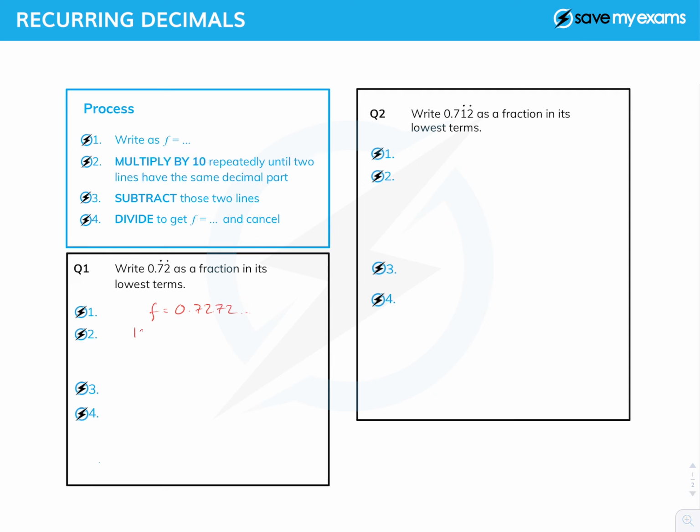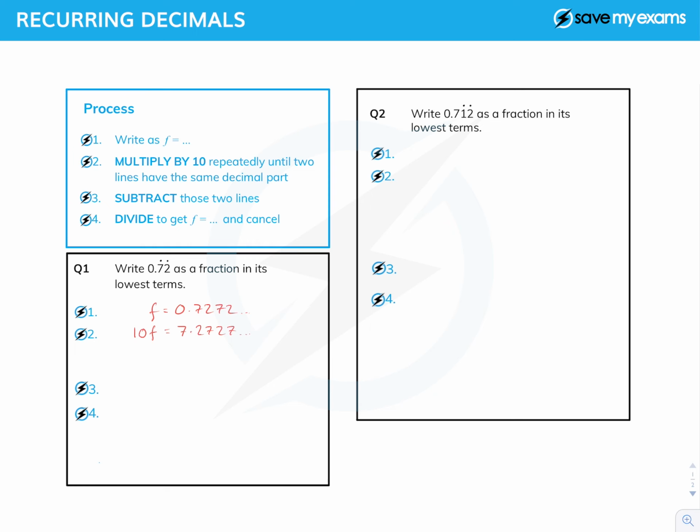Well, if I multiply by 10 on the left-hand side, I get 10f. And if I multiply by 10 on the right-hand side, the decimal point moves one space, and I get 7.272727. And remember that the whole thing keeps recurring, so actually there are an infinite number of decimal places there. I'm just showing the first 4 or so.